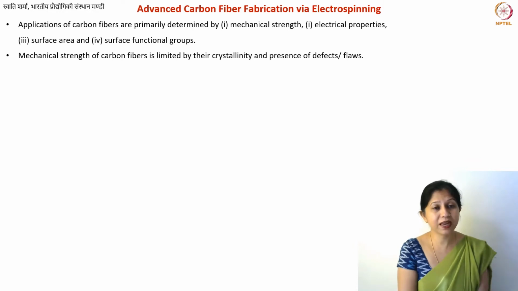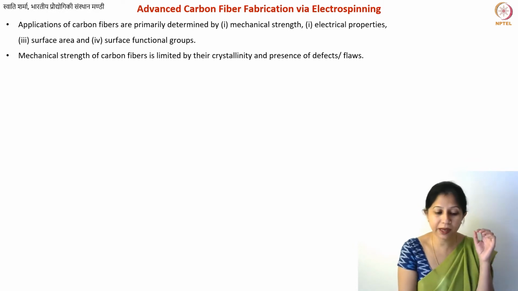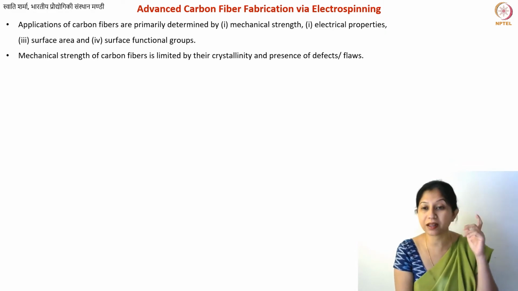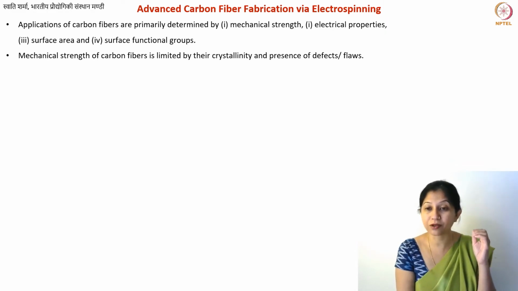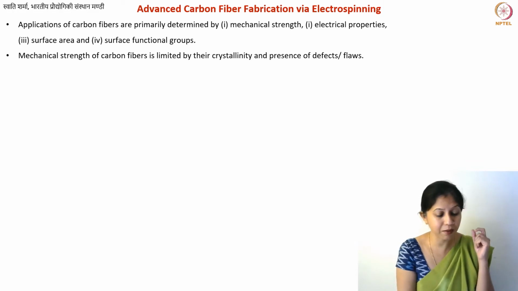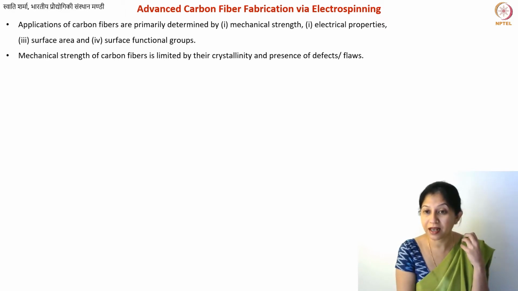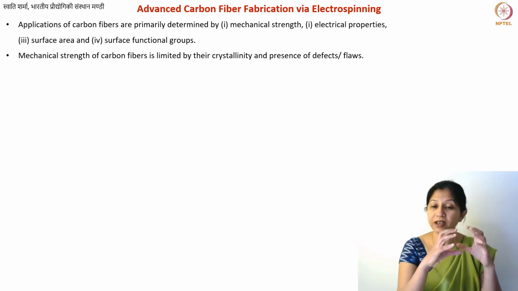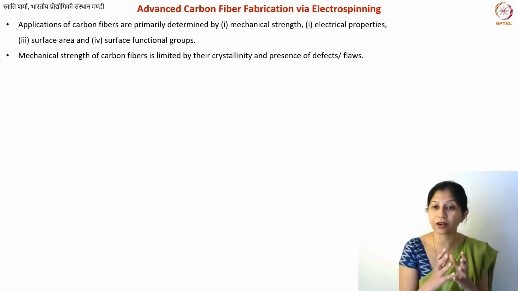But there will also be some other important things. You will have a critical diameter of your fibers, because fibers thicker than that may contain more of what are known as defects. Now, what are defects? What is the microstructure of carbon fibers? Carbon fibers, as I had shown in one of the previous slides, when we were talking about melt extrusion, you have different possibilities depending upon your fabrication parameters.